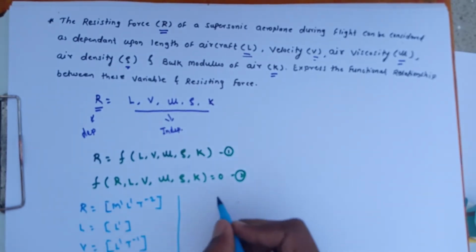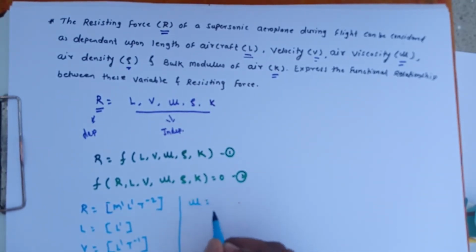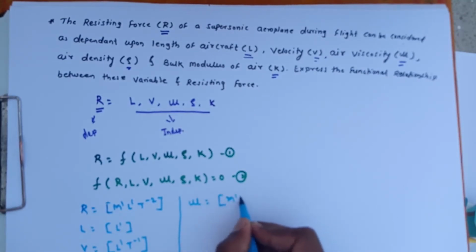Then the next one, mu, called the dynamic viscosity. The unit of dynamic viscosity is Newton second per meter square, and the fundamental dimensions will be M raised to 1, L raised to minus 1, and T raised to minus 1.